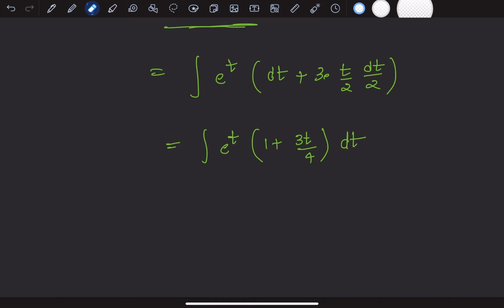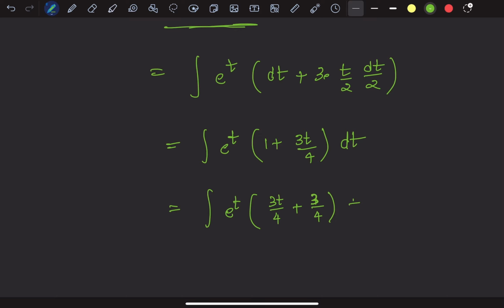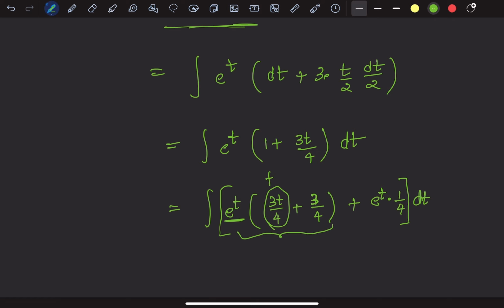Now what you can do here is you can write this as integral e to the power t, 3t by 4 plus 3 by 4, plus e to the power t multiplied by 1 upon 4, dt for the whole thing. Now if you consider this particular part, you have e to the power t, and if this is f of t, this will be f dash of t.